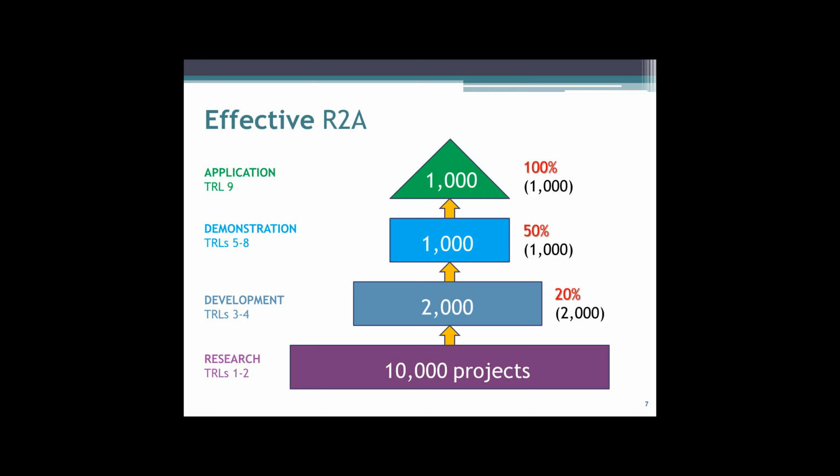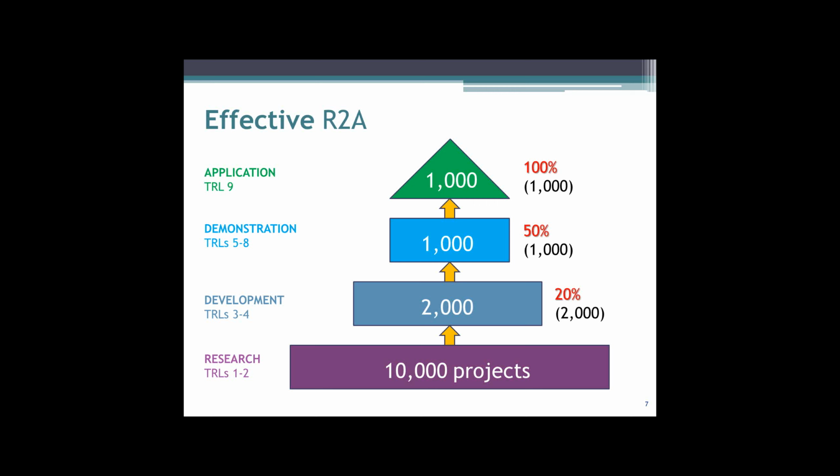You have to spend more resources, and as you go up this pyramid, it becomes increasingly more expensive. But at demonstration to application, you would hope that everything that was technically mature and proven scientifically, 100% of those things, would move into operations in a given time frame. That would be a very effective model.